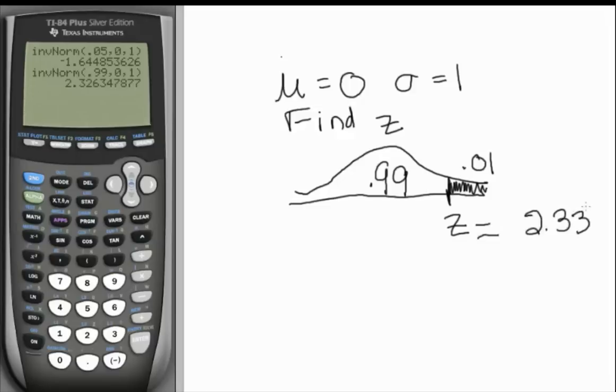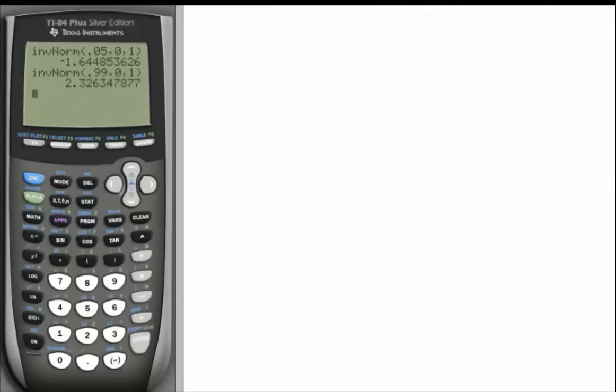All right, let's do one more example. And in this case, we're not going to use the standard normal distribution. We're going to use a different ordinary normal distribution. So in fact, we're going to say we are given a distribution of grades.